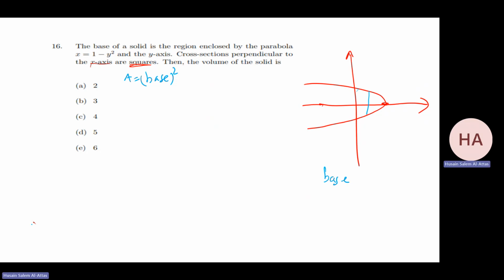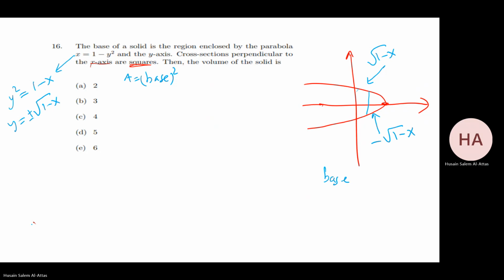Now I need to write it in terms of x. So y squared will be 1 minus x, so y is plus or minus the square root of 1 minus x. This one is the square root of 1 minus x, but this one is minus the square root of 1 minus x.